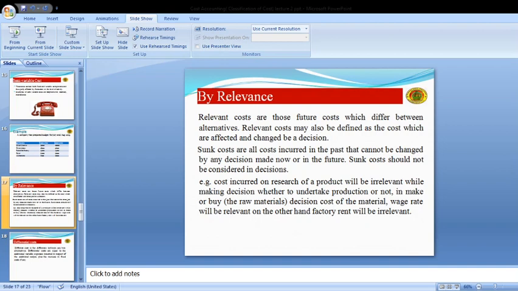So, this classification is very much useful for decision making. It is not very much useful for control purposes. There are different classifications which we have seen earlier, like direct, indirect, or controllable, non-controllable. This is primarily for decision making.